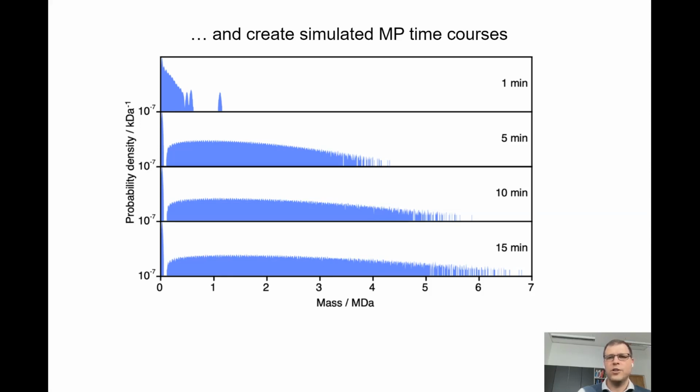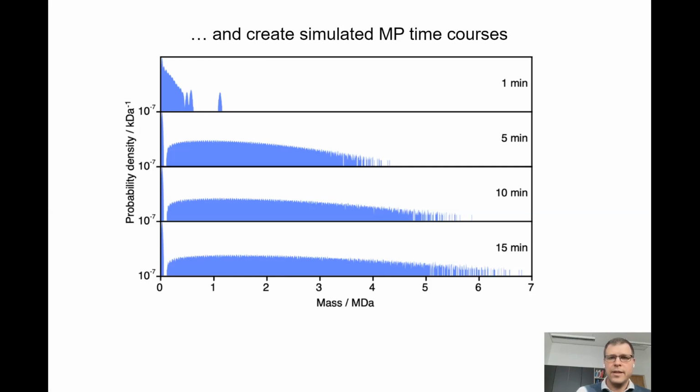And then I let my simulation run. And from the concentration time course, I could pick the 5 minutes, 10 minutes, and 15 minutes time points, like I did in my experiment, and recreated from my concentration time course an experimental histogram that I could compare with my mass photometry data.